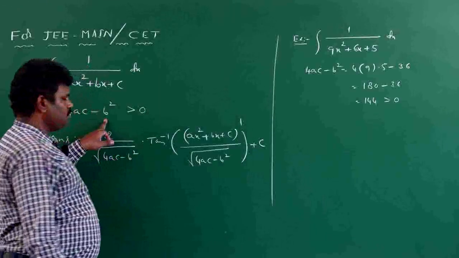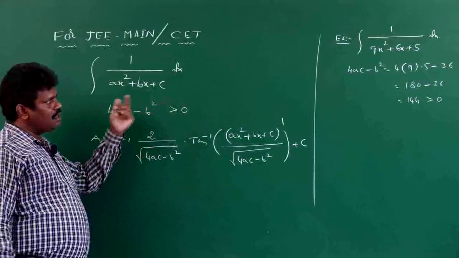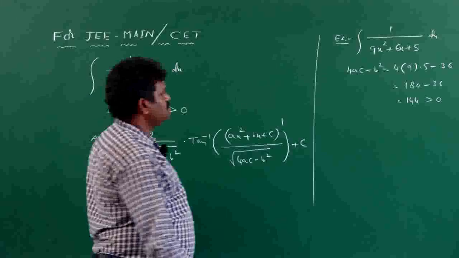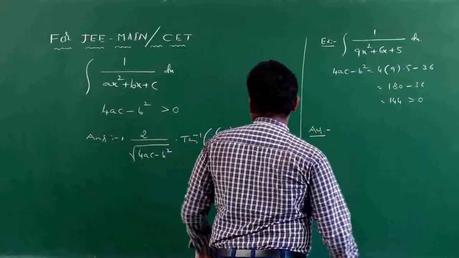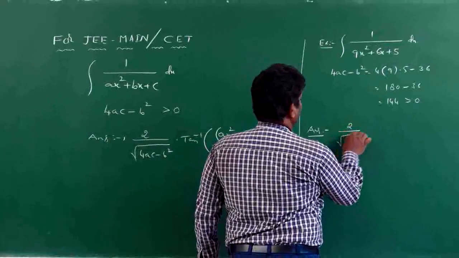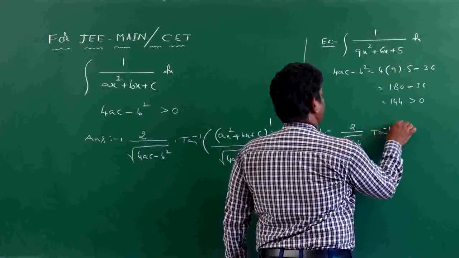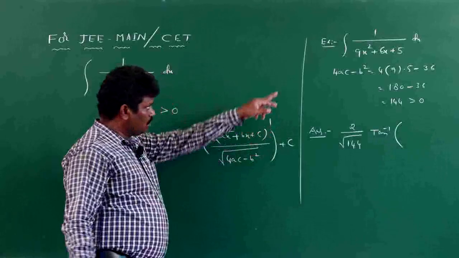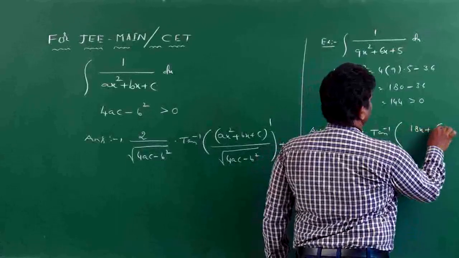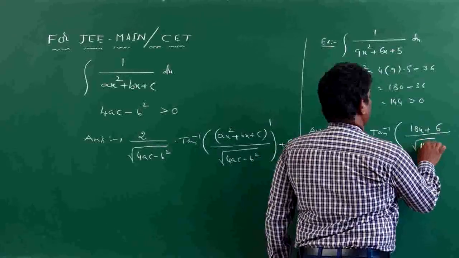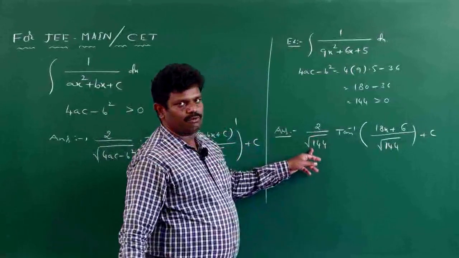Actually, b square minus 4ac is the discriminant value, which is less than 0 here, but this value is greater than 0. Now the answer: 2 by square root of 144 into tan inverse of the derivative of that algebraic expression, 18x plus 6, divided by square root of 144, plus c. Here 144 means 12.